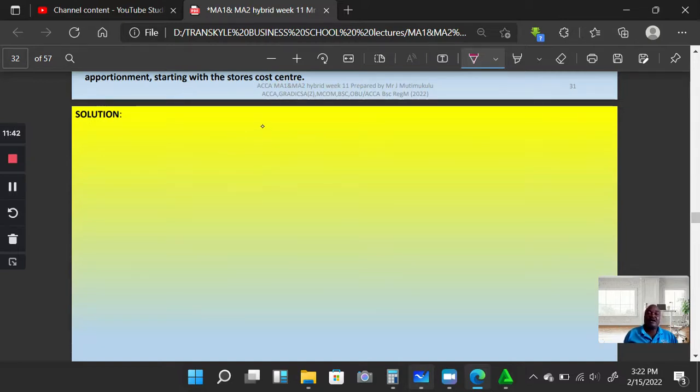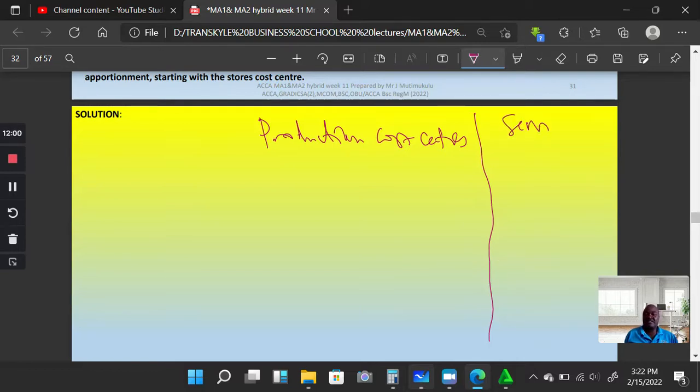This table has production cost centers and service cost centers, and we are having production cost center 1 and production cost center 2.